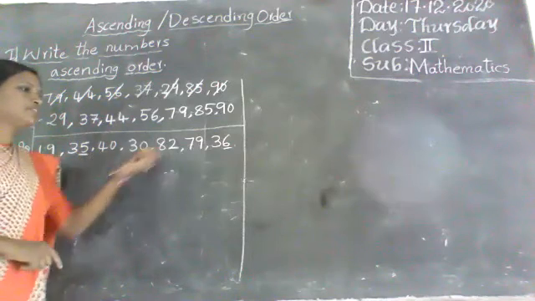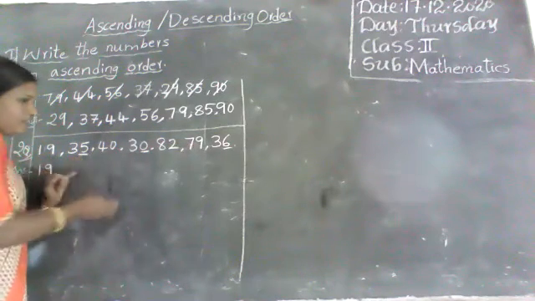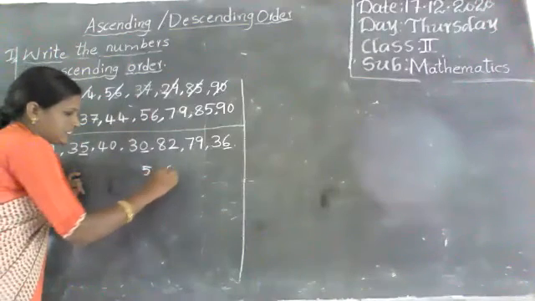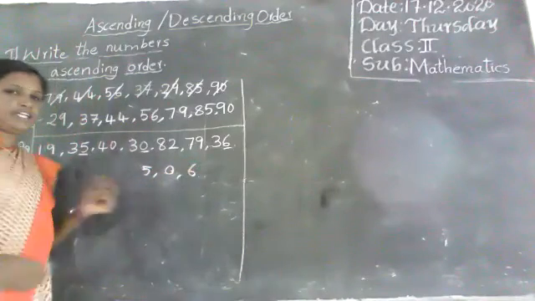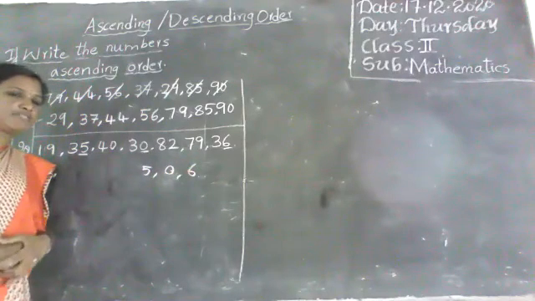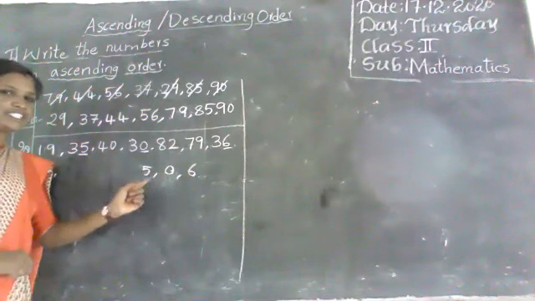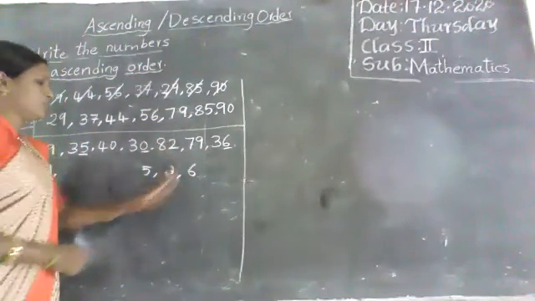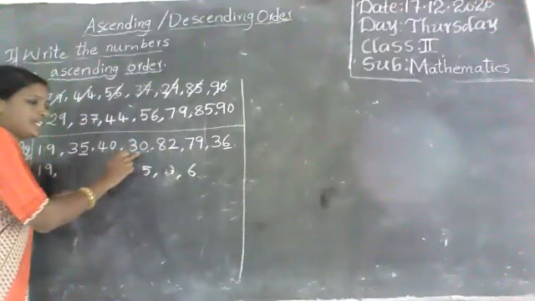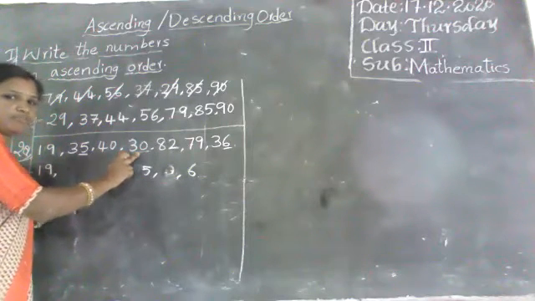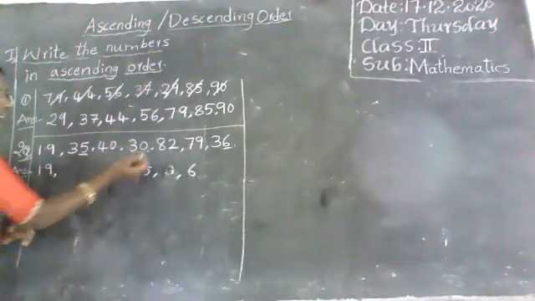In this ones place, which is the smallest: 5, 0, 6? 0. Very good. So 30 is the smallest number.